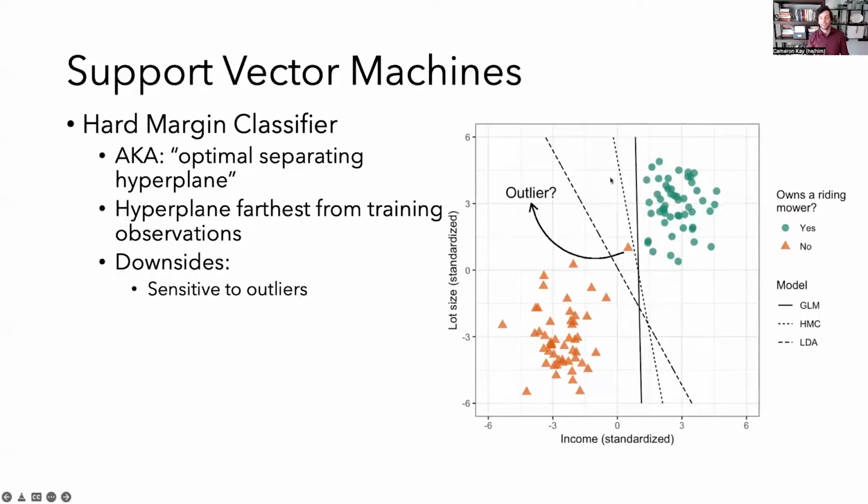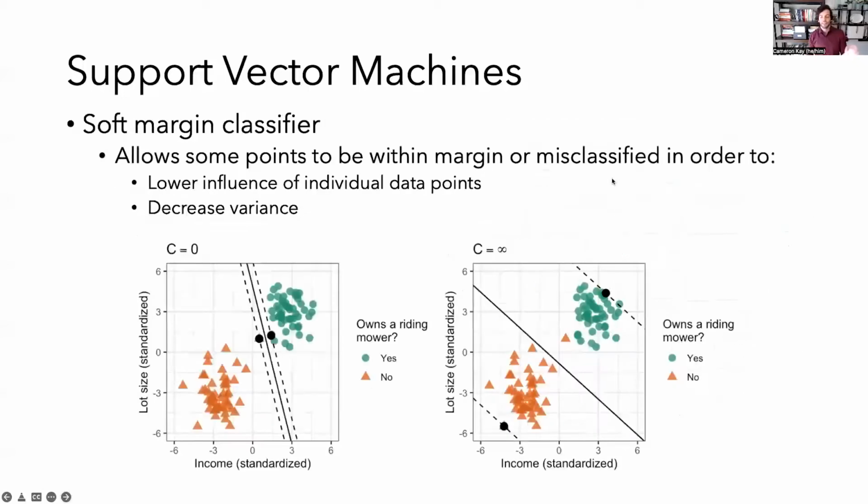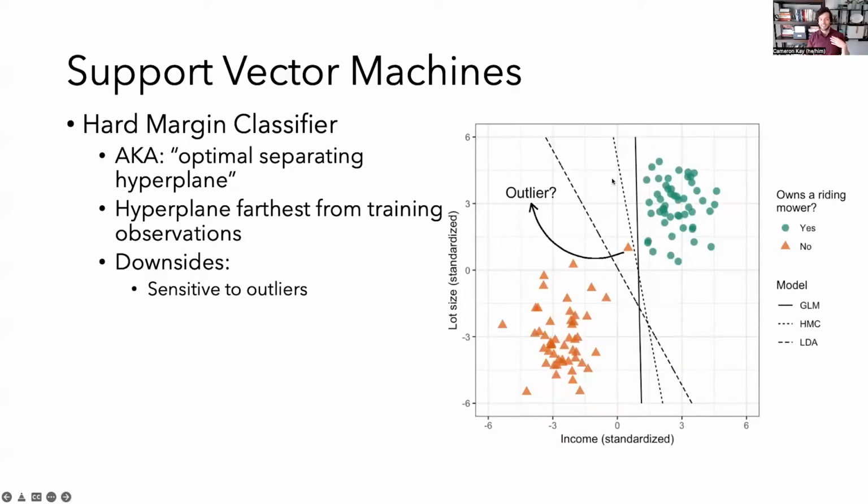And so we can imagine that, let's say we apply this to a test data set and we get a point right here. Well, according to this hard margin classifier, a point right here, just slightly to the left of the classifier, is going to be predicted as a no. But just looking at it, if you were to take your best guess, you'd probably say that looks far more like a yes.